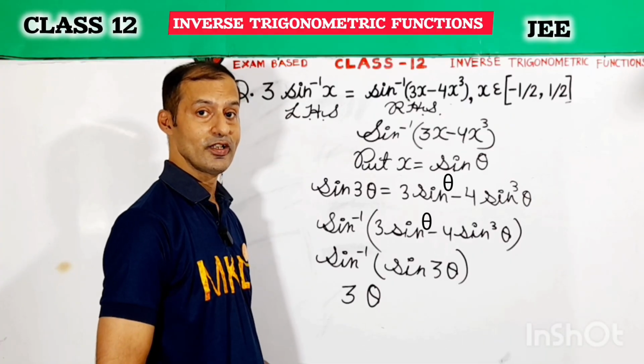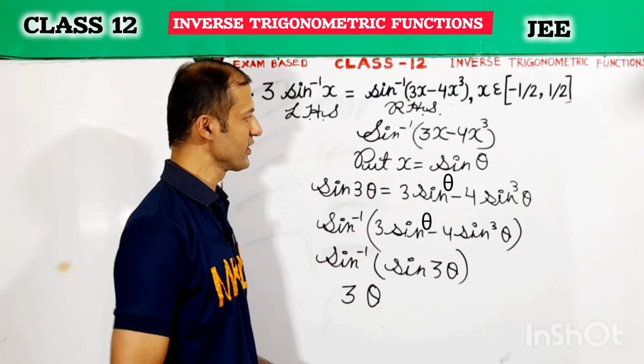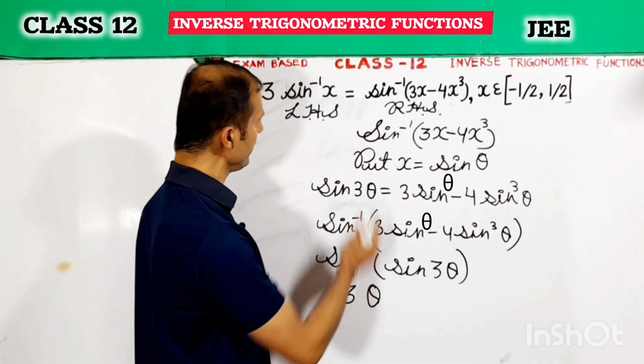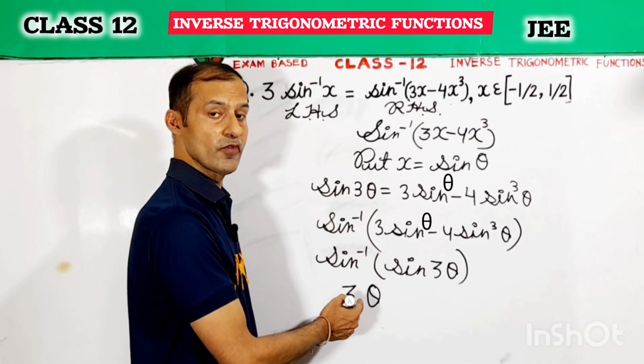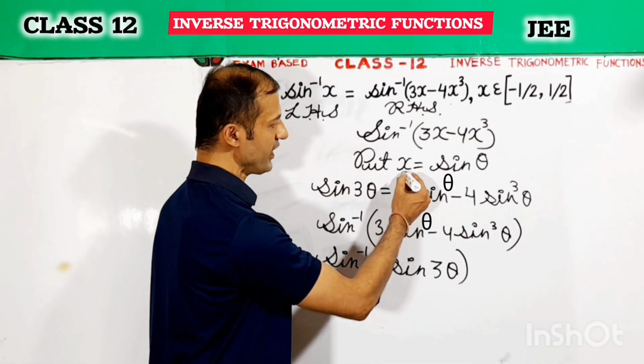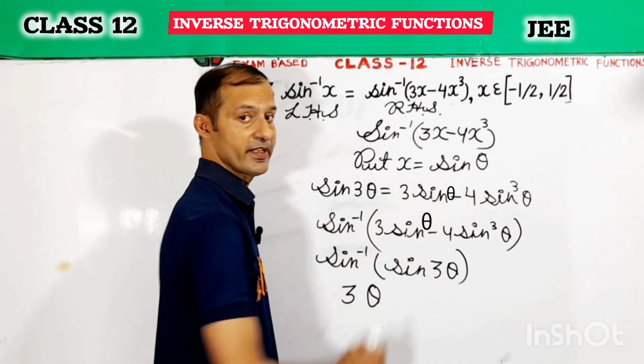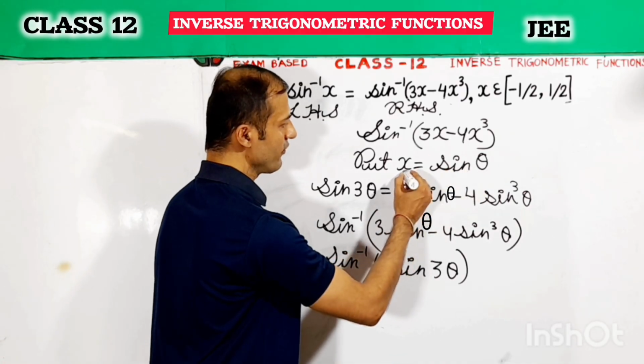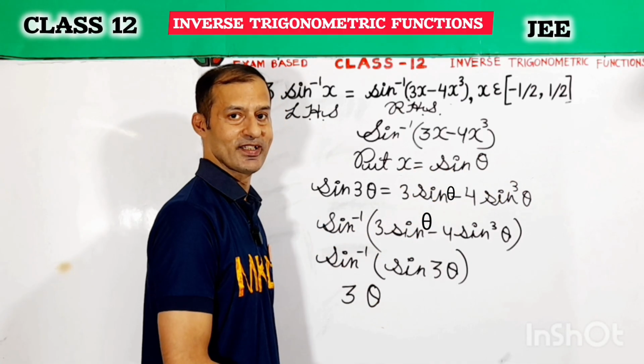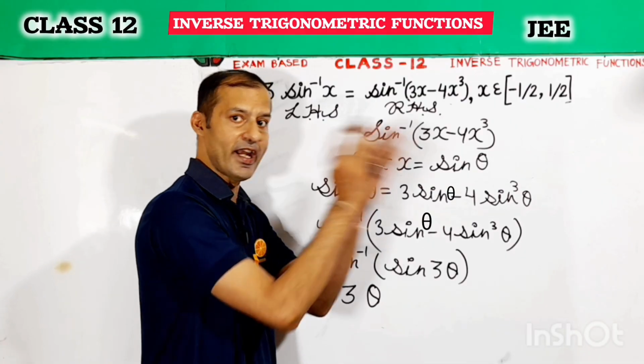This is the one remedy we have, because we have to equalize this. As we see, x is equal to sine theta is written, so x will be transposed to the other side.